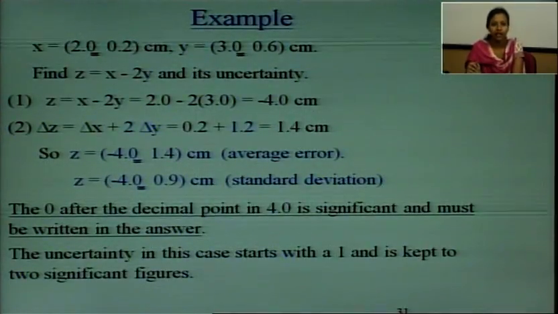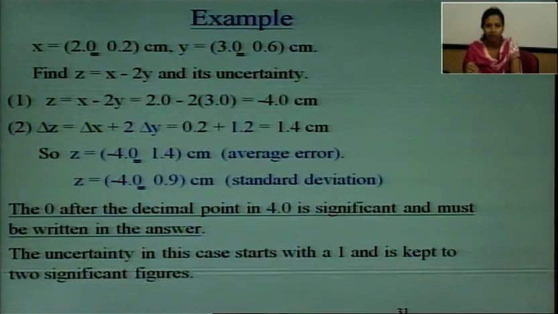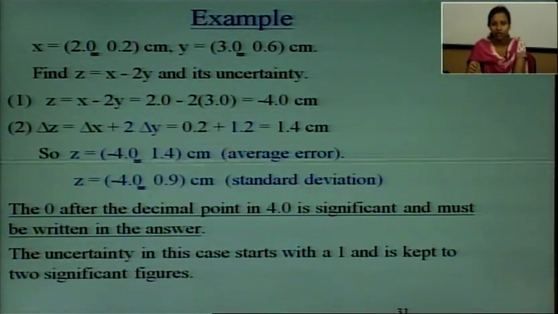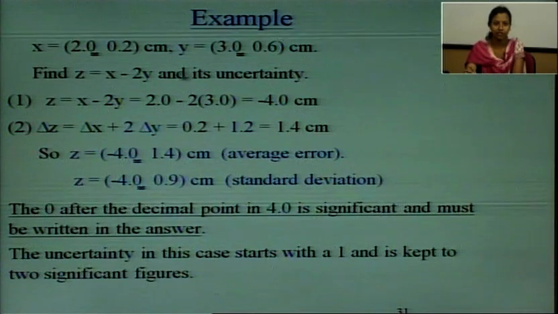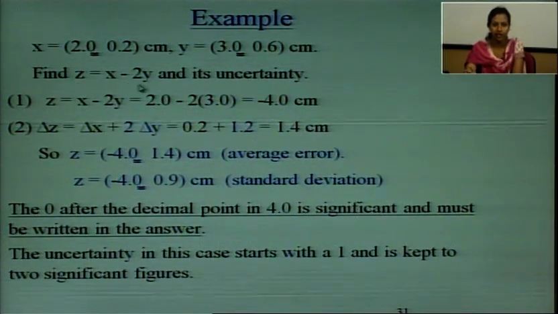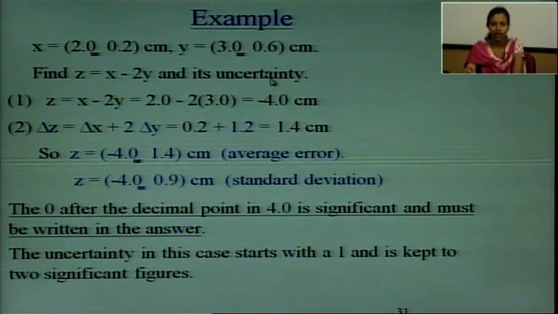Next numerical: in the measurement of X, the central value is 2 and the error is 0.2, while the measurement of Y is equal to 3 plus minus 0.6. We need to calculate Z equal to X minus 2Y, its central value and its error.